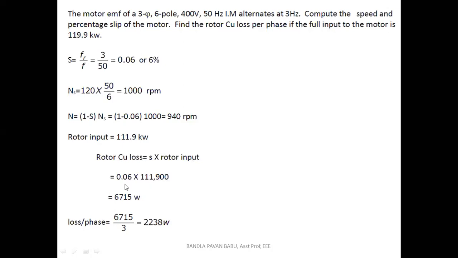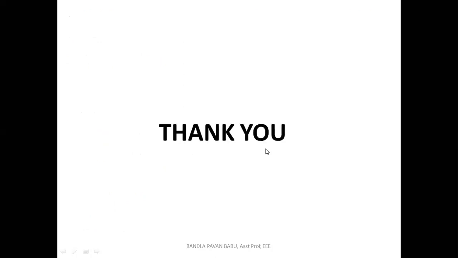Okay, so S here means the slip there, into the given data, that is the input power. Substitute this and we get the losses. Okay, right. So losses per phase, in the sense, divide by 3. Okay, so this is the power loss, but here some value is different, so don't get confused. Take it as 111.9. Okay, so thank you, Ananda.